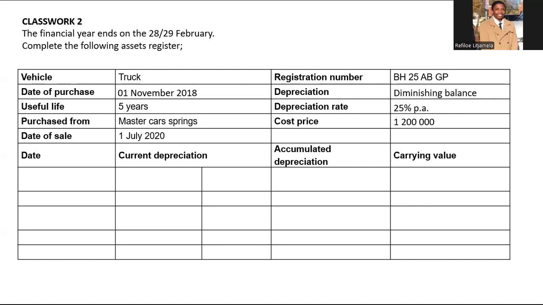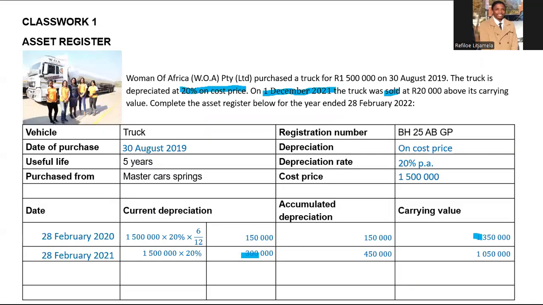Okay, now I'm showing you classwork 2. It was sold on the 1st of December 2021, which means it was used only for 9 months.